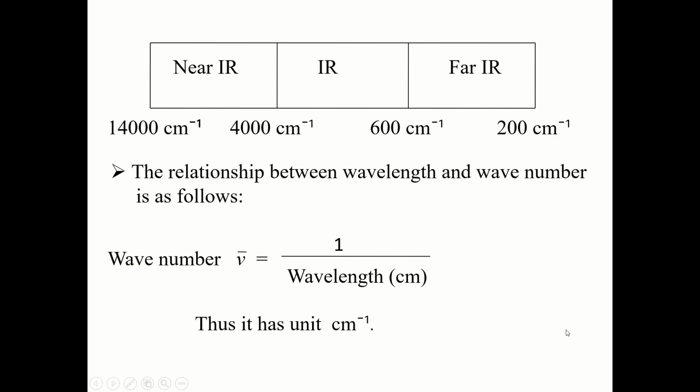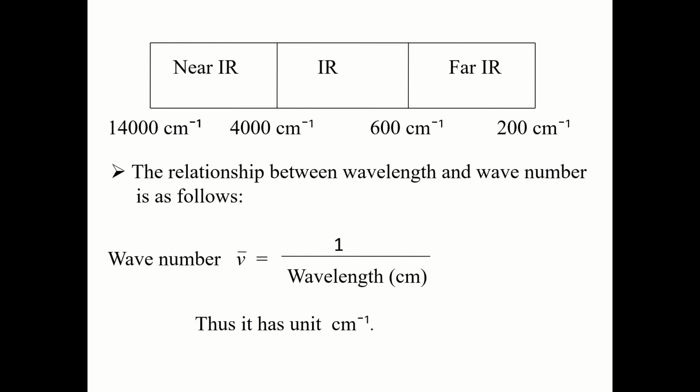Now IR spectroscopy is divided into regions. That region lies between 200 to 14,000 centimeter inverse. That means it is divided into three different regions: far IR, IR and near IR.